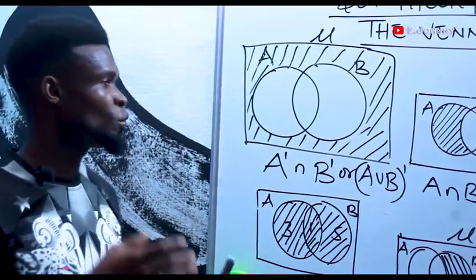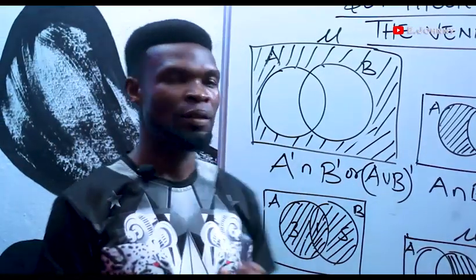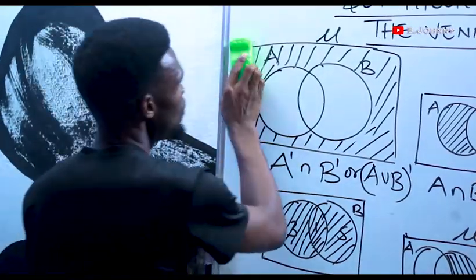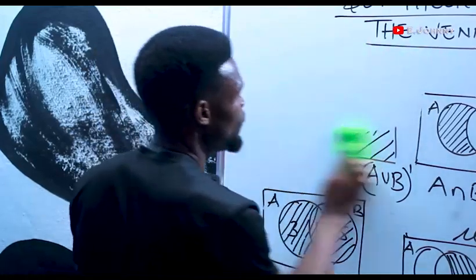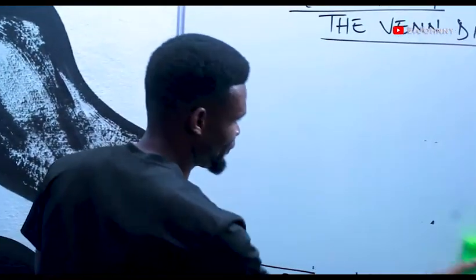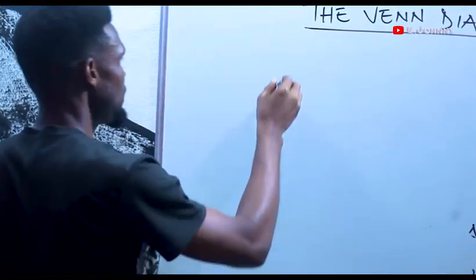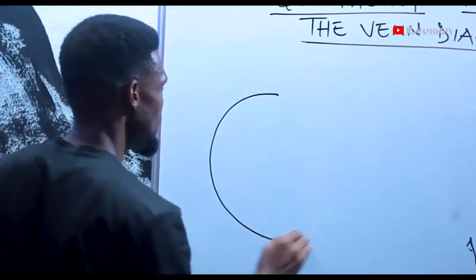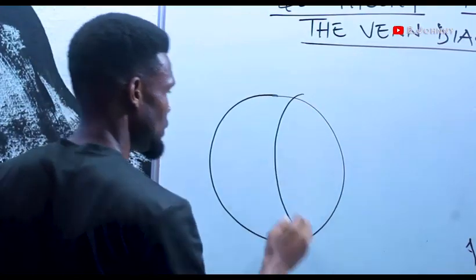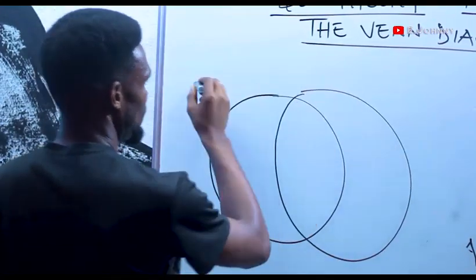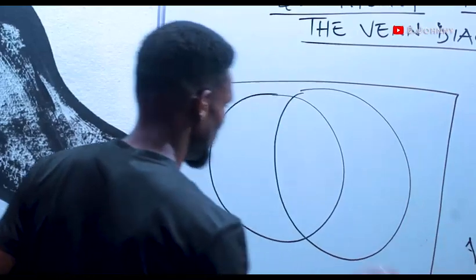Now I'm going to give us a summary of the whole thing in one Venn diagram. In one Venn diagram, if this is set A and this is set B, this is the universal set.